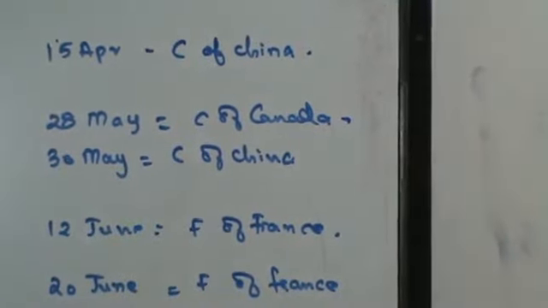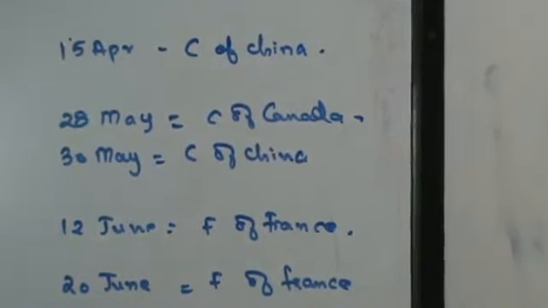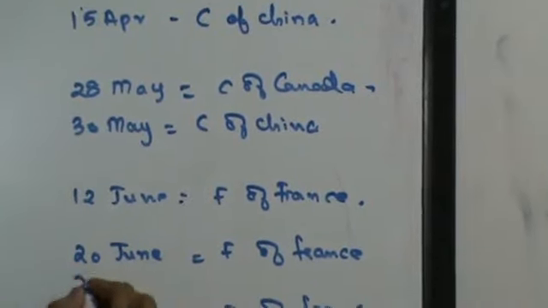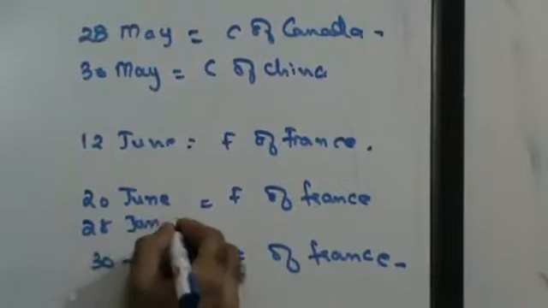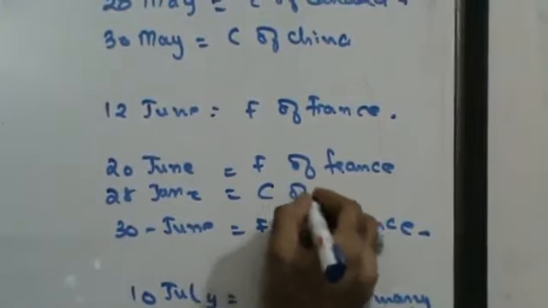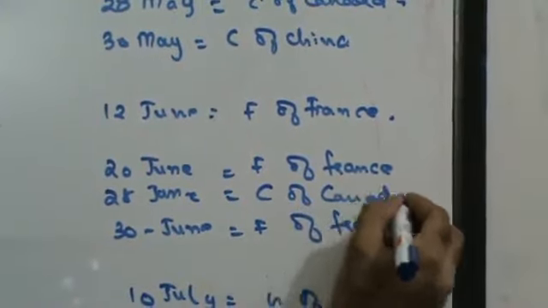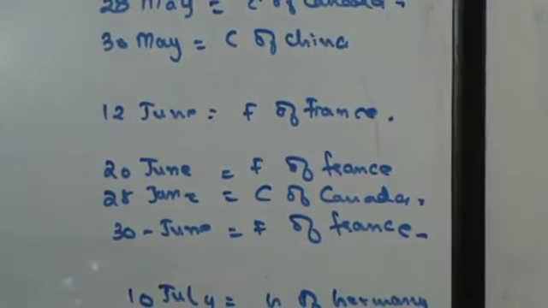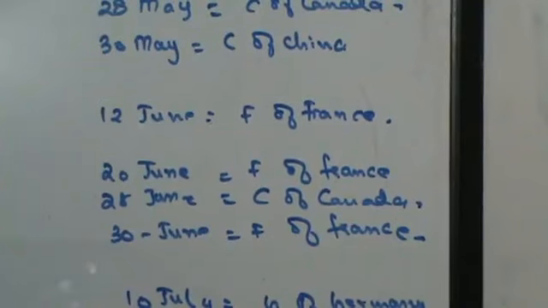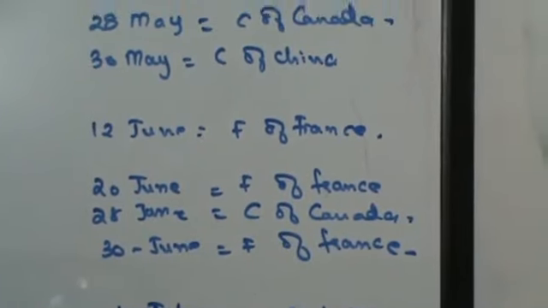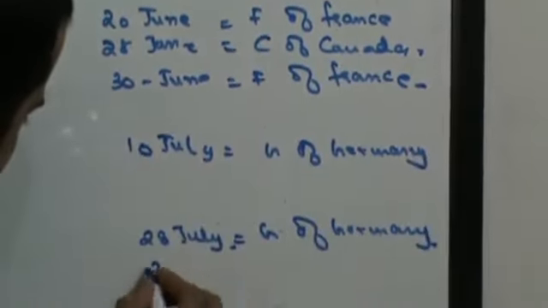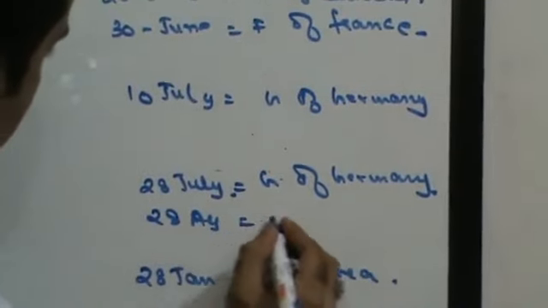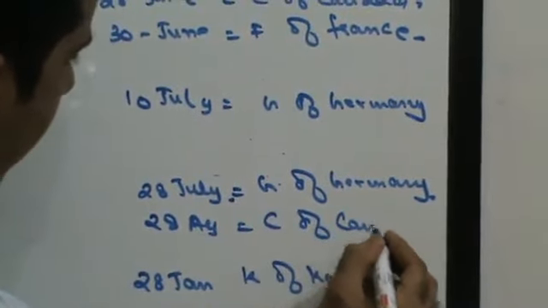The payment for which was received on 28th June. 28th June, you have Sea of Canada. Right? Then you have on 28th August, again you have Sea of Canada.